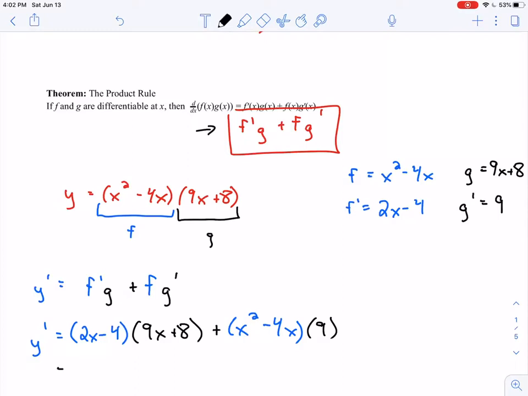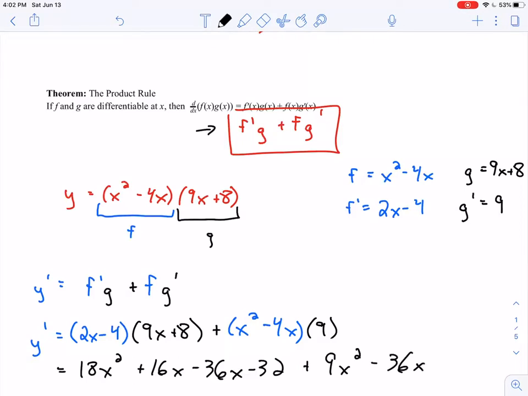So let's see. Here I'll need to FOIL this piece out. So I will have 18x squared plus 16x minus 36x minus 32. Over here I'll distribute my 9, so I have plus 9x squared minus 36x.